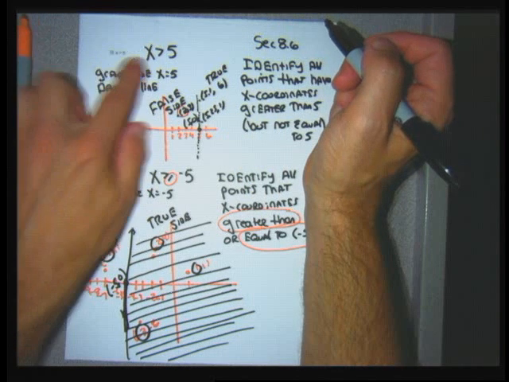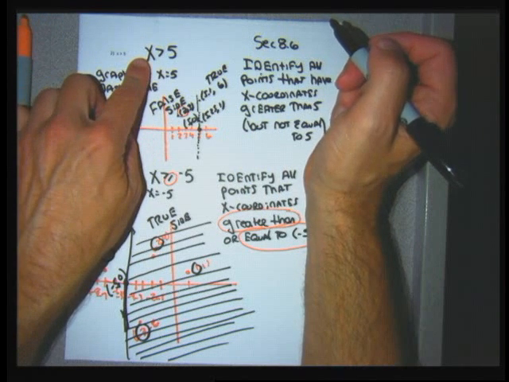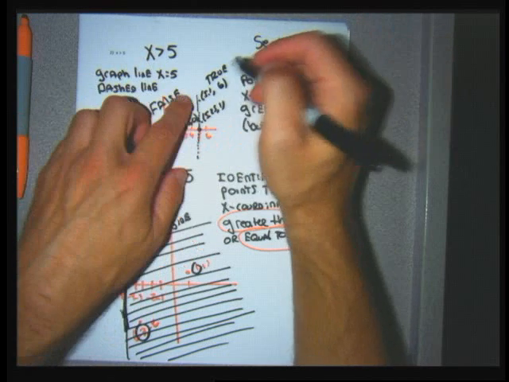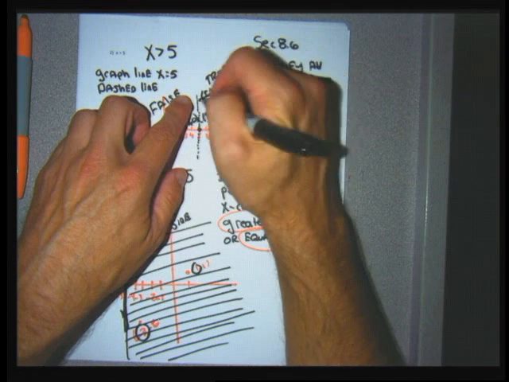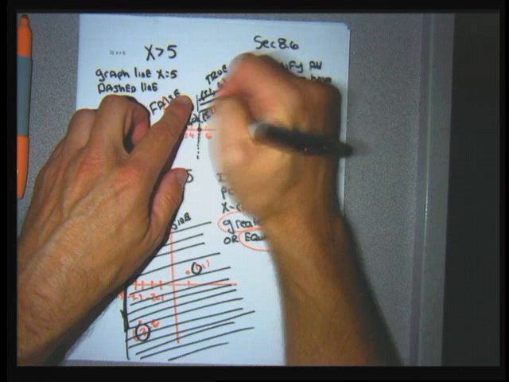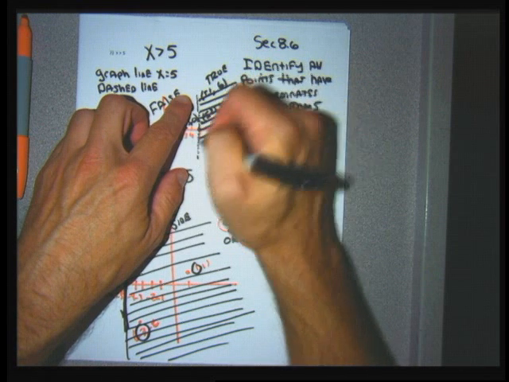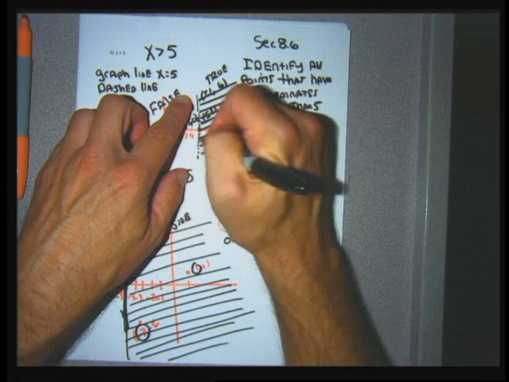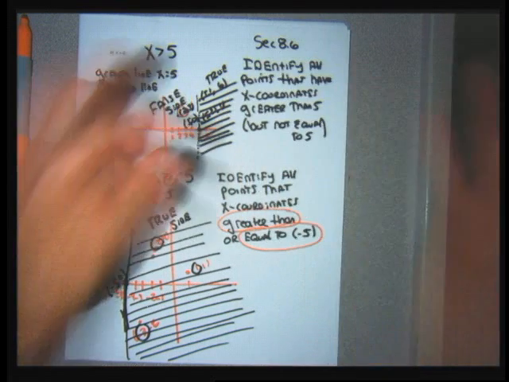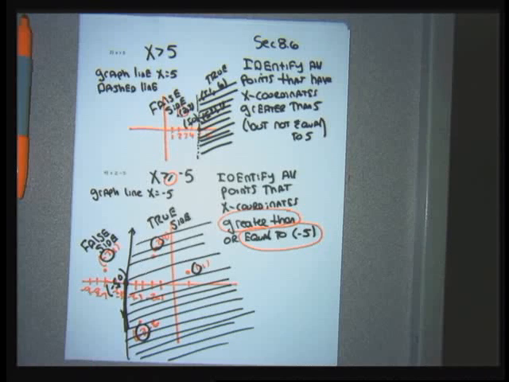To accomplish my goal, identifying all the points that have x-coordinates greater than 5, that's going to be any point that's physically to the right of this dotted line. Because any point to the right of the dotted line is going to have an x-coordinate of 5 point something, or 6 point something, or 7 point something, or 6, 7, 8, or a million. It's going to be bigger than 5. So this would be the graph of number 2 that would be considered correct.